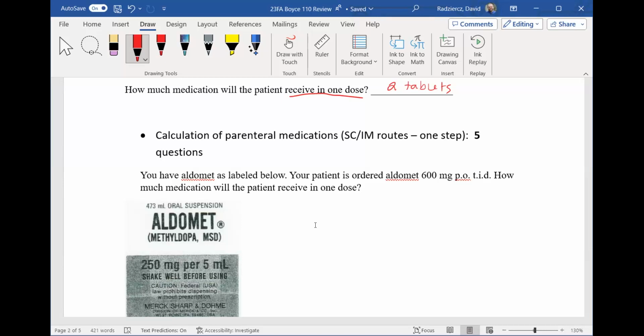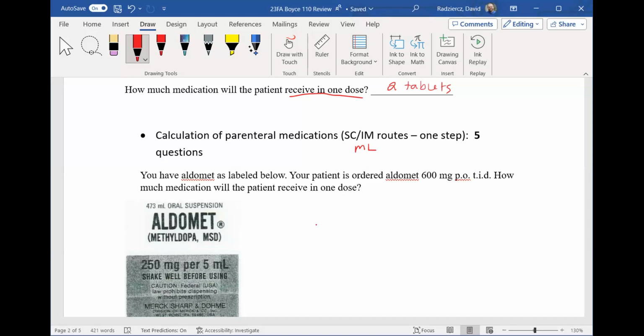What does subcutaneous and intramuscular mean? It means it's being injected. And if it's being injected, that automatically tells you that you're looking for milliliters. If it's being injected, the only thing you can inject is going to be a liquid volume in milliliters.